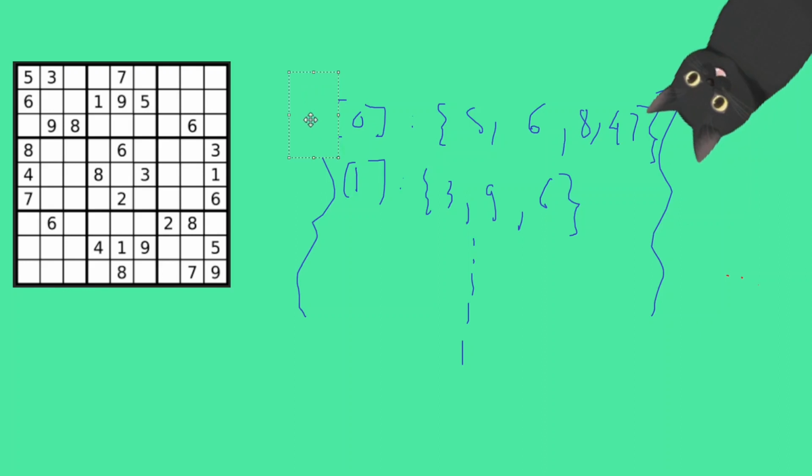Now, how will we check the grid? That's quite easy, don't worry. Okay, let me click at this pink. So let's say the pink part grid.